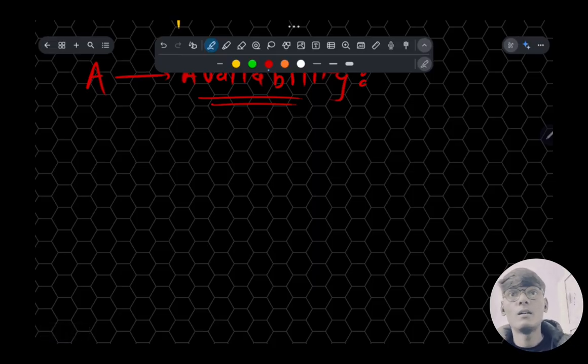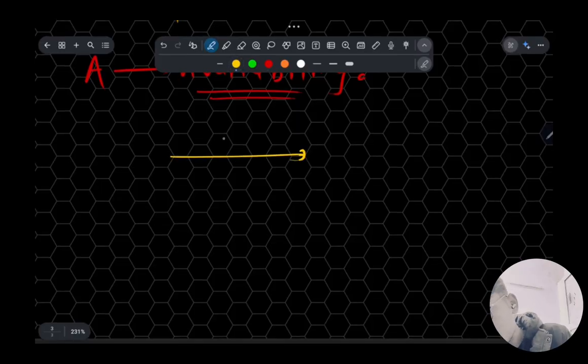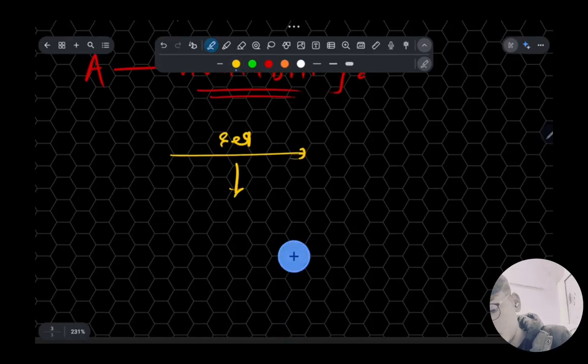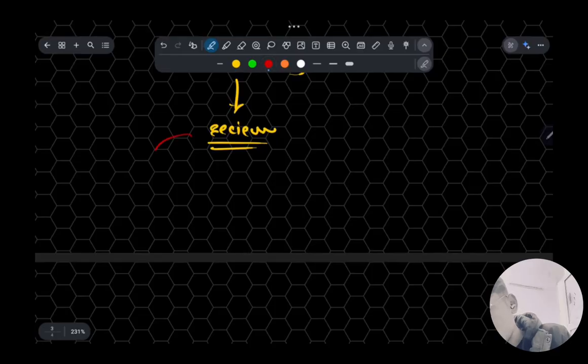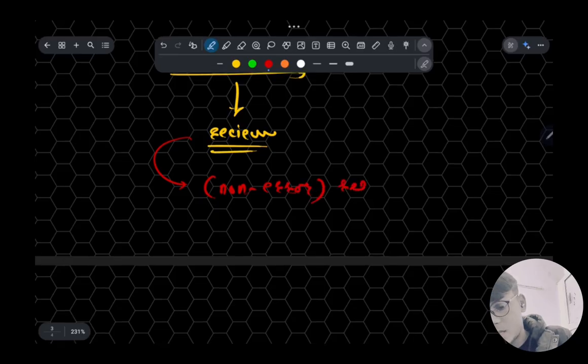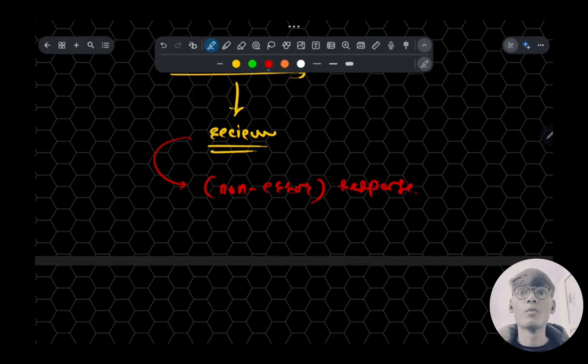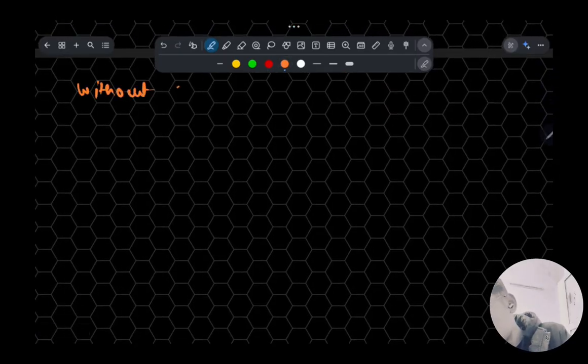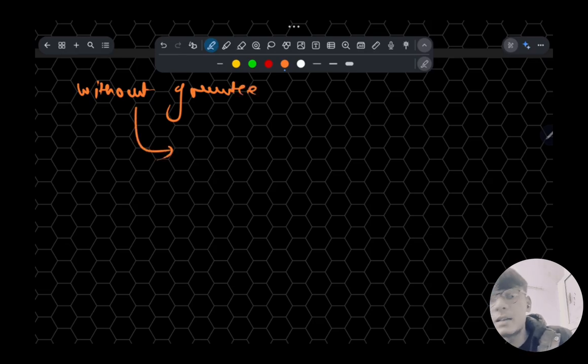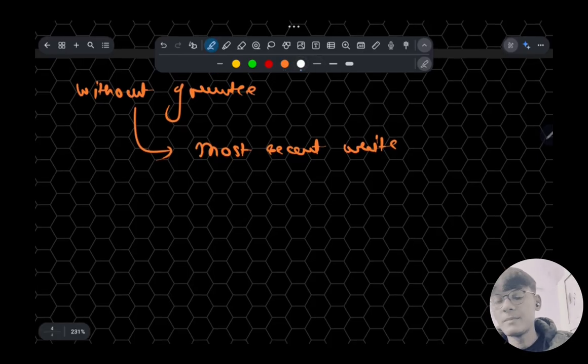Every request, from client to server, receives a non-error response, without the guarantee that it contains the most recent write.